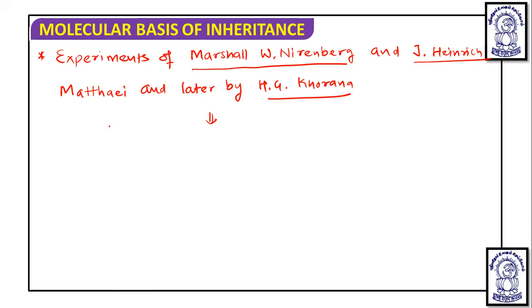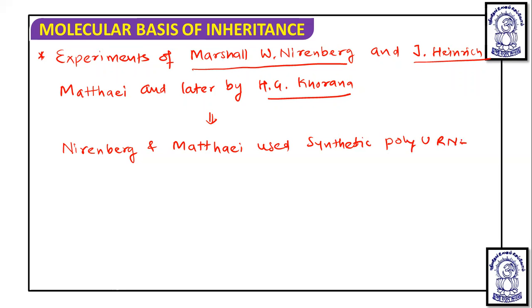Now in this experiment, Nirenberg and Matthaei used synthetic, artificially synthesized poly-U RNA. In a test tube they took poly-U like this, and when they deciphered the codon, they found that it is coding for a chain of phenylalanine.